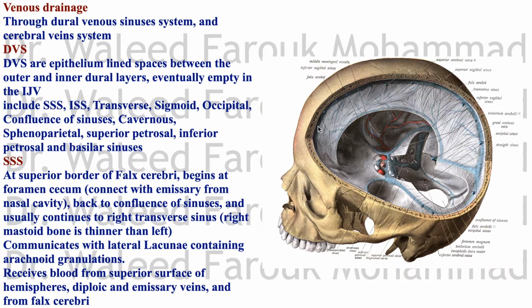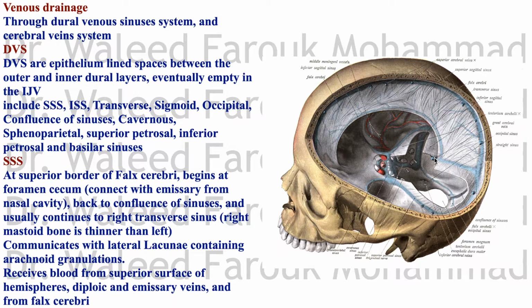The blood is of large quantity in this sinus, so the right transverse sinus will be larger than the left transverse sinus. It will groove the bone more than the left side, so that the right mastoid bone is thinner than the left.